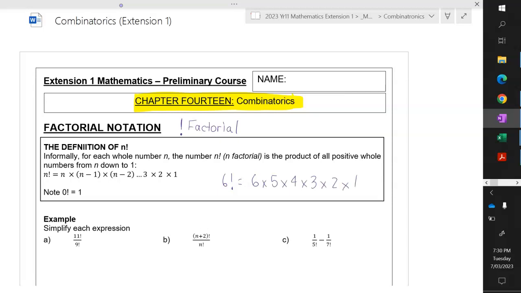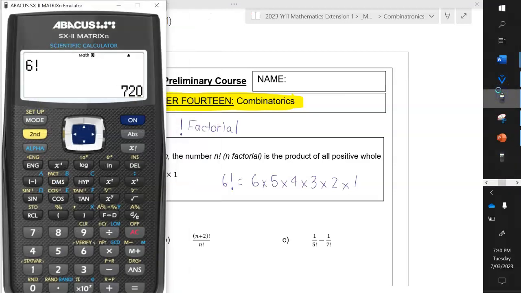Now what we can do is multiply all those out on our calculator. So let's just do it the long way. So that would be 6 times 5 times 4 times 3 times 2 times 1, and that is equal to 720.